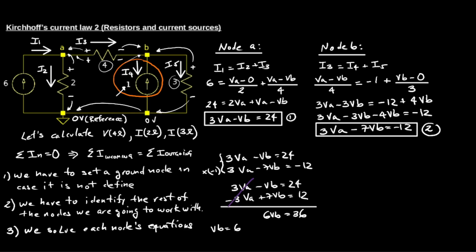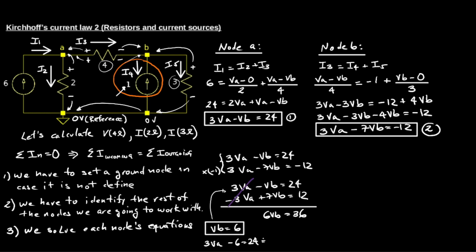Okay, and by substituting this value in the equation, I'm going to get the value of the voltage in node A. This VB is the voltage in node B. Okay, so I substitute it here, and I'm going to get the voltage in node A, which we are going to get right now.